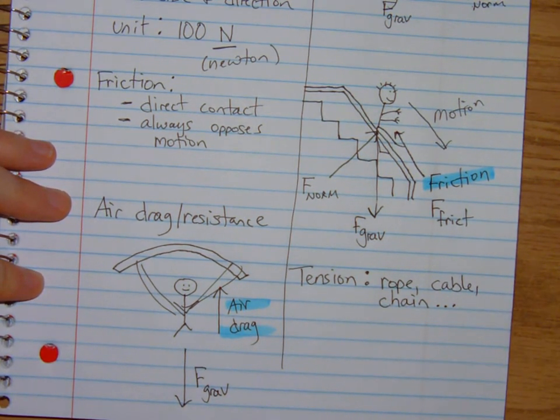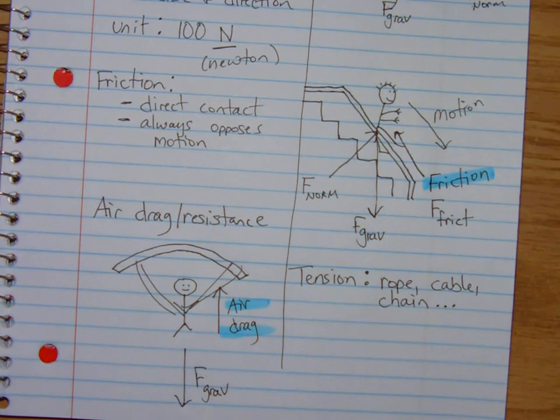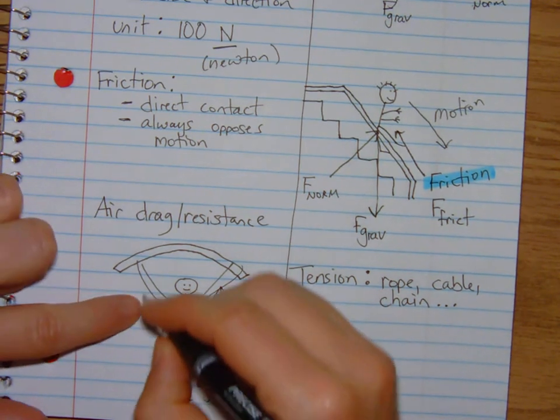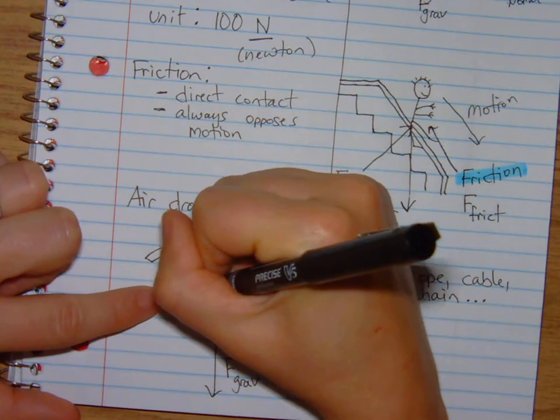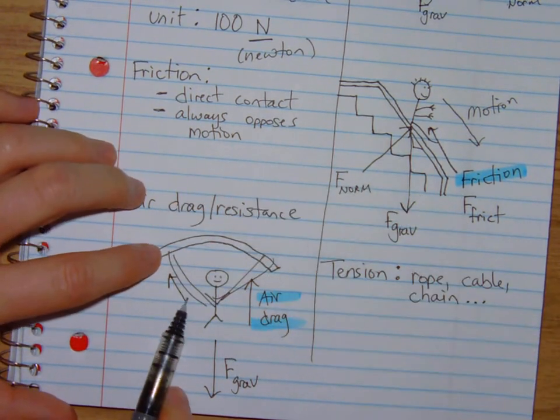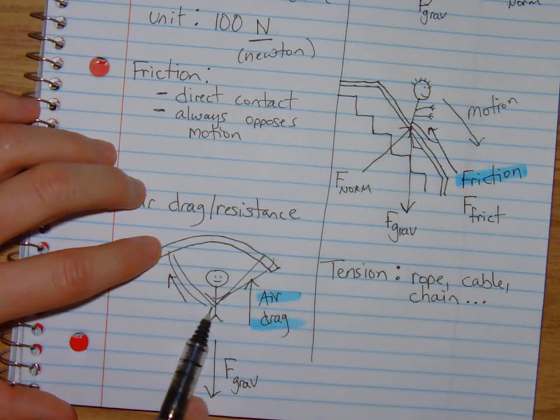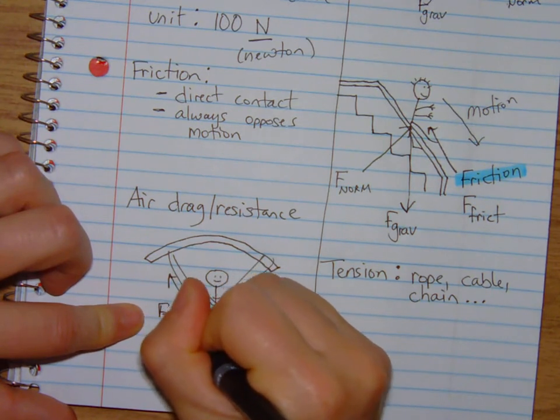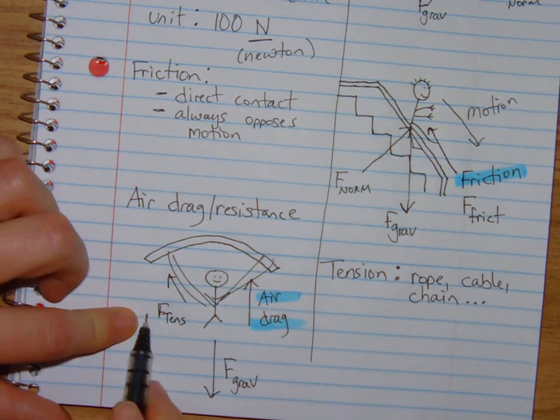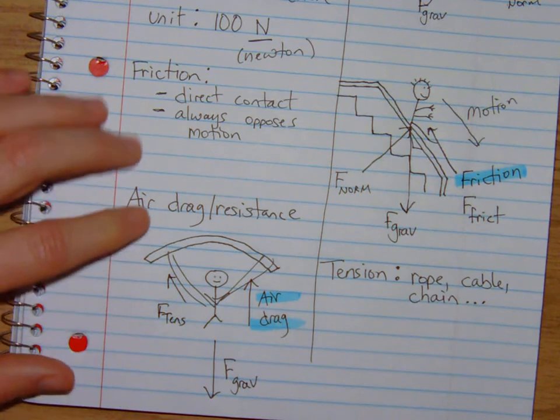So if you have ever walked a dog, and you've walked a dog that maybe doesn't have real good manners like mine, and she pulls hard on the leash, there's tension in the leash. We can tell that there's a force there. We could say right here, even in this drawing, those cords that are holding the chute to this person, that is the force of tension. F tens is how we do that. Okay, so that would be a force.